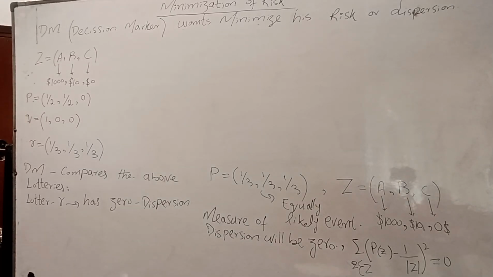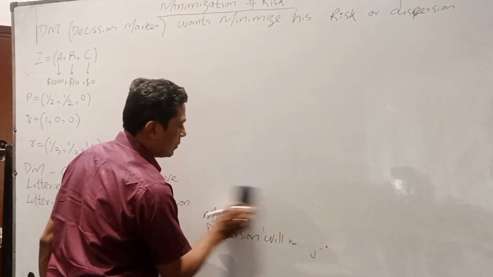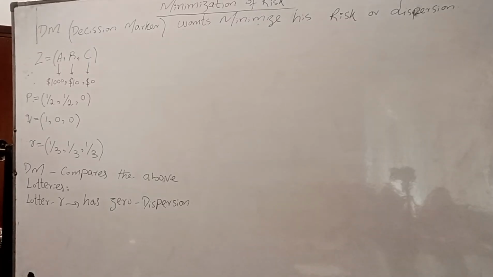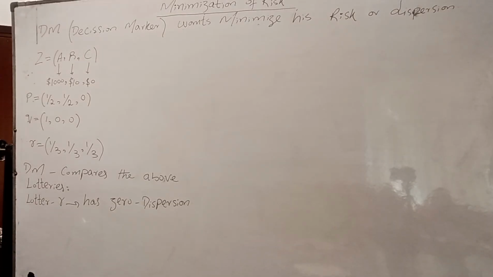Why is it equally likely? And similarly, lotteries P and Q have dispersion.